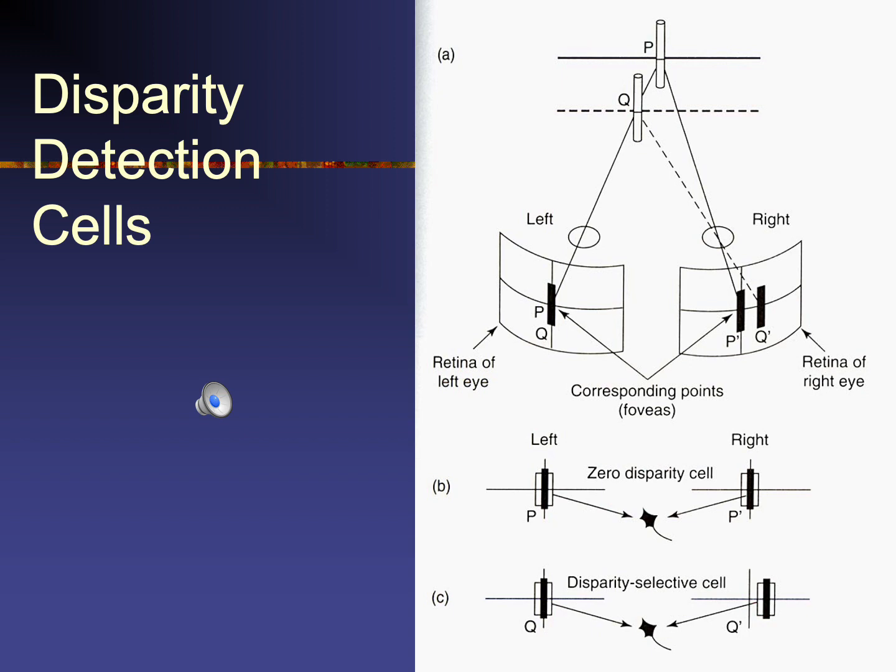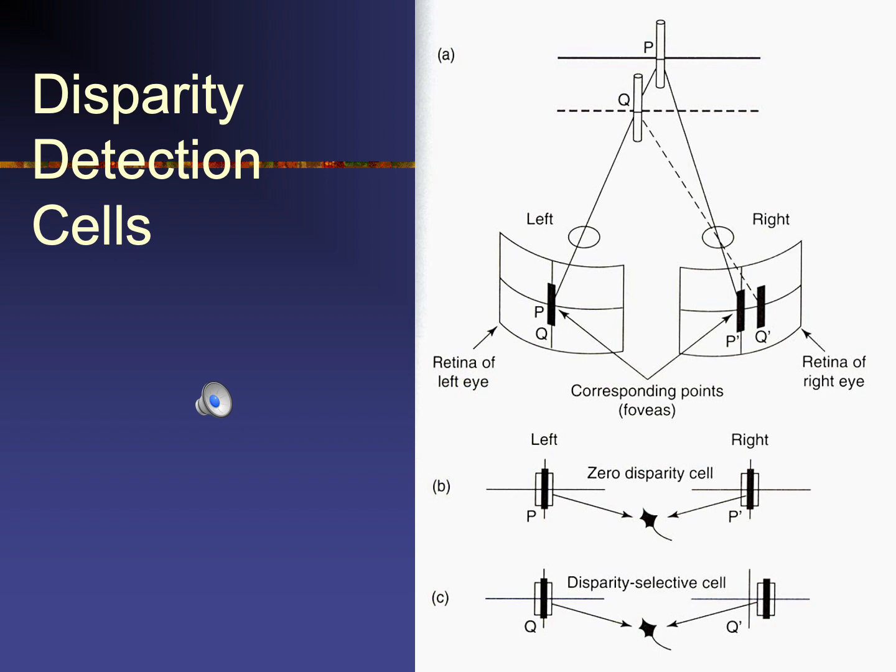In the right eye, they're seen as slightly displaced. Now that displacement is a cue to how far apart they are, how far away P is from Q. And probably what happens is there are neurons that respond to a discrepancy like that once the form is established, and then there's a kind of measurement done of some kind that determines how far away P is from Q.